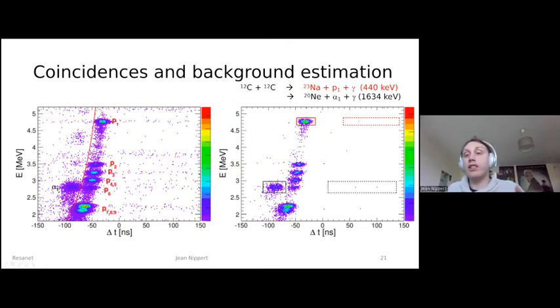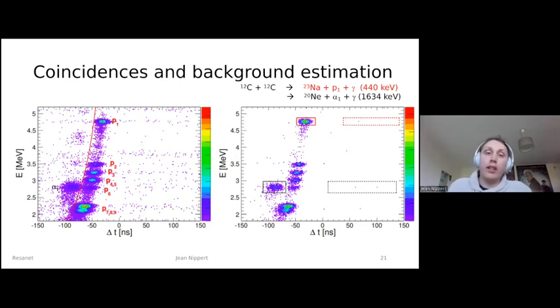So we can estimate the background using this, because what we know is that false coincidences basically happen randomly in time. So we can select the signals in the right time and select the background in the wrong time and estimate it. And so we can compute the cross sections and have a very good precision on the error bar.